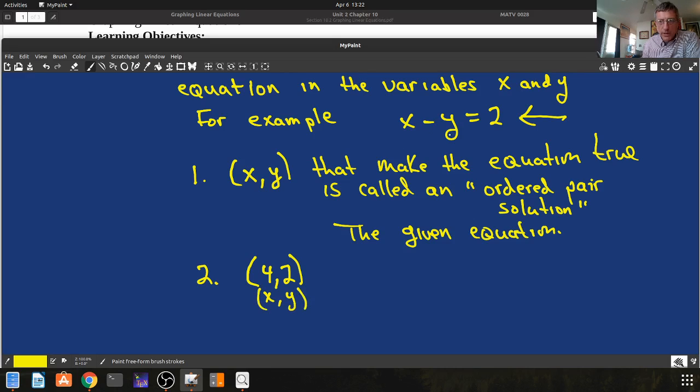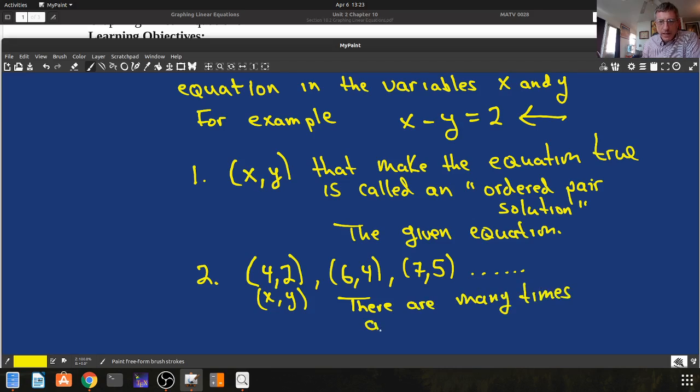So if x is 4 and y is 2, then 4 minus 2 is equal to 2. 6 and 4 works. 7 and 5 works. In other words, the point is there are many, an infinite number of such ordered pair solutions.